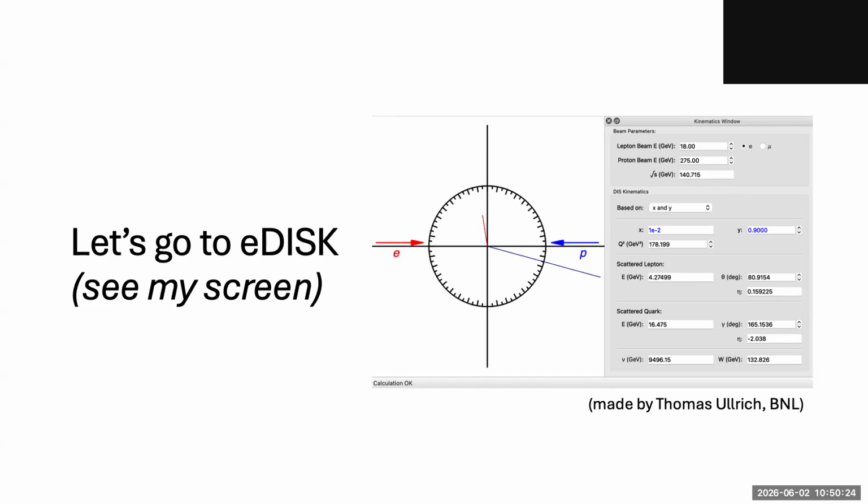One thing that is very important is that when you have a DIS process, this is a quark, this is a proton. The photon and the quark have to interact, and the photon cannot interact with gluon directly, right?